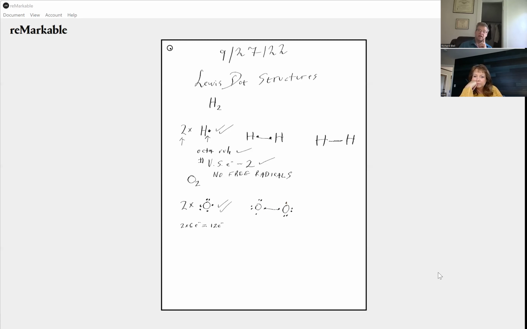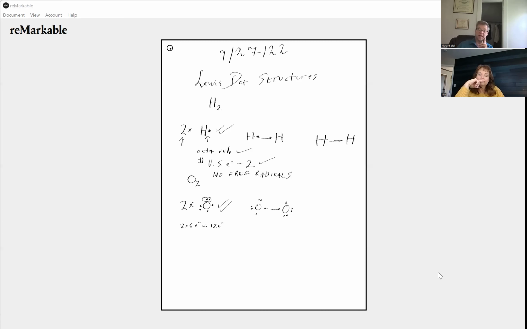Well, keep in mind, this is why I told you not to write this down. Keep in mind and always, always, always remember this. When you have a pair of electrons, that is a lone pair of electrons. They do not participate in bonding.